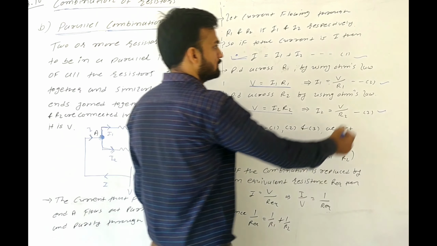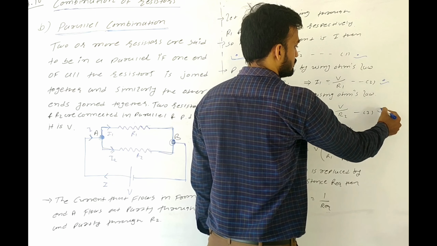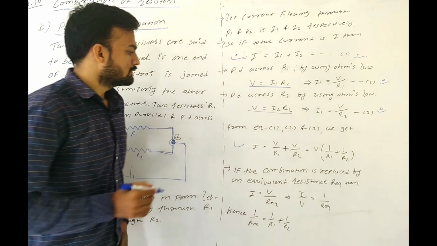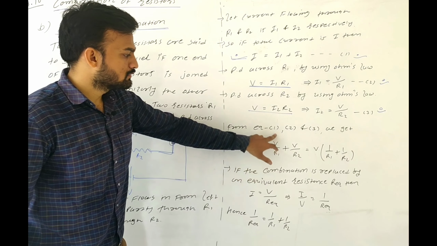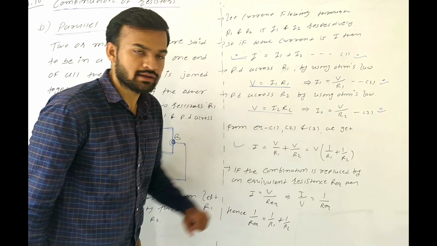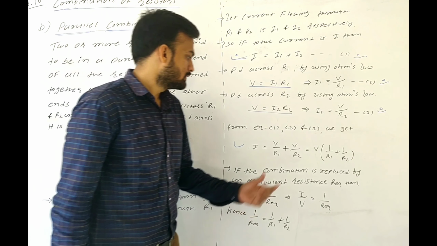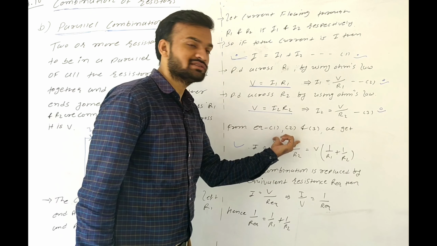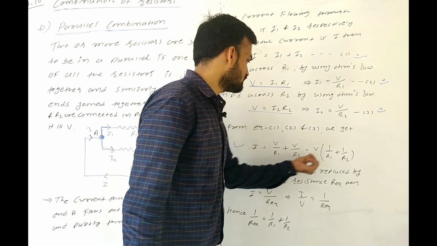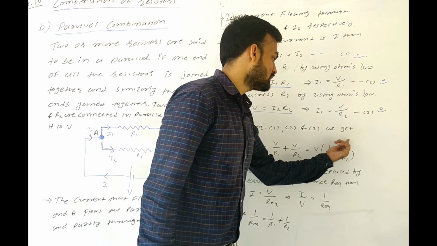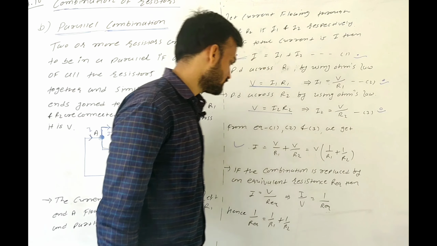After simplifying these three equations, I equals V by R1 plus V by R2. V is common in these two terms, so I equals V times (1 over R1 plus 1 over R2).